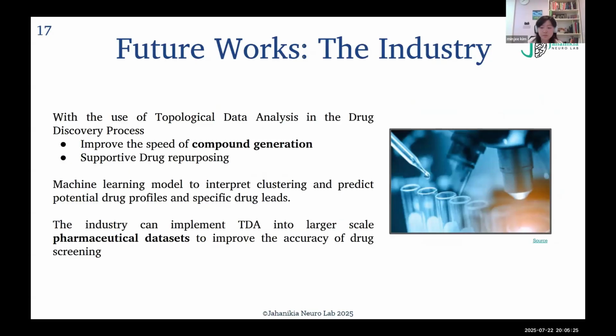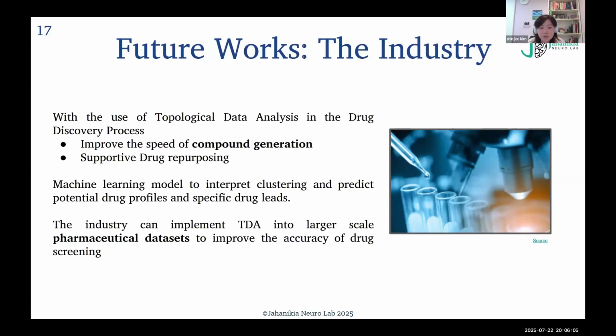In this slide, we highlight how our research can translate into further development and future applications. Integrating TDA into the drug discovery process, the industry can potentially gain several benefits, such as accelerating compound generation by revealing underlying structures in large chemical data sets that traditional methods may overlook, and can potentially explore more meaningful chemical space faster.